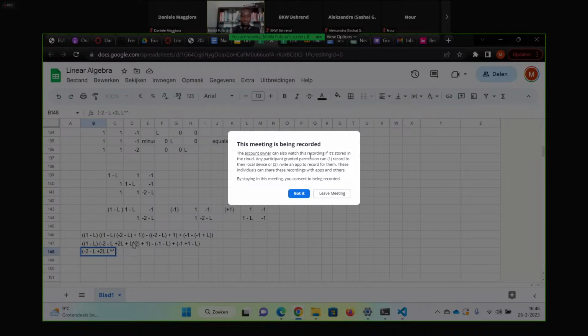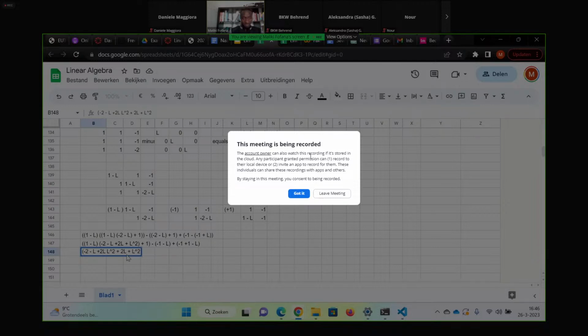Let me see. Yes. But I'm not done yet because I still have my minus lambda. My minus lambda multiplied by minus 2 is plus 2 lambda, right? And my minus lambda multiplied by minus lambda is plus lambda square.